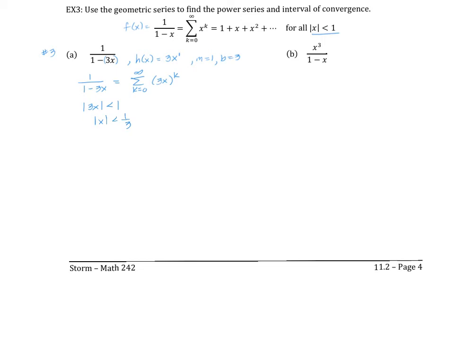So my interval of convergence is going to be negative 1/3 to positive 1/3, and I do not have to check the endpoints. However, if you get confused and you're thinking, do I have to, do I not? It doesn't hurt to check the endpoints. If you did plug in negative 1/3 and positive 1/3 into that series, 3x to the k, you would find that it will diverge at both endpoints.